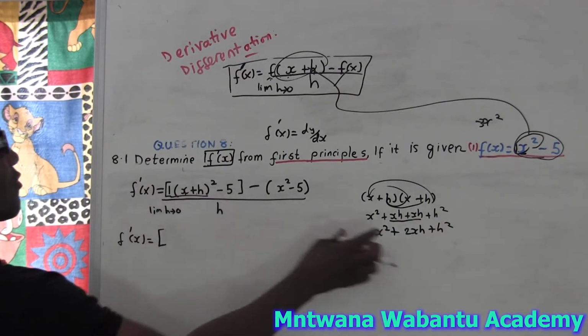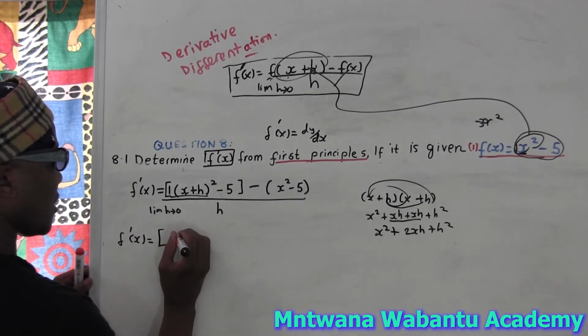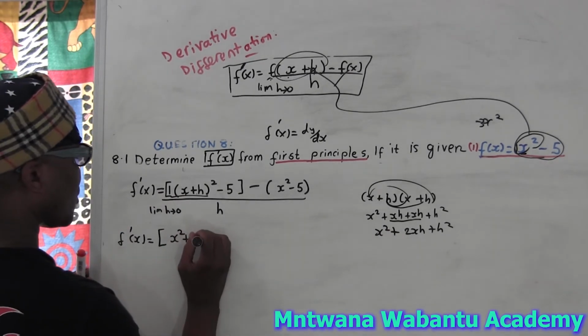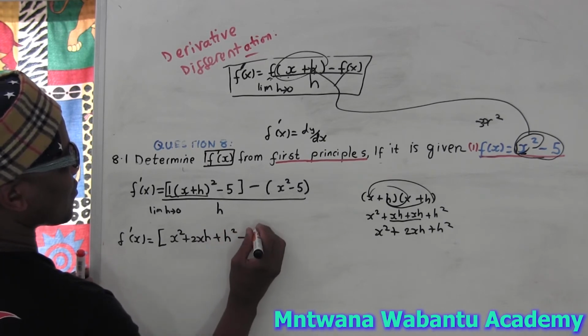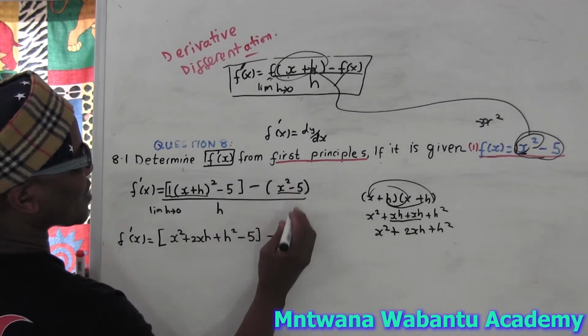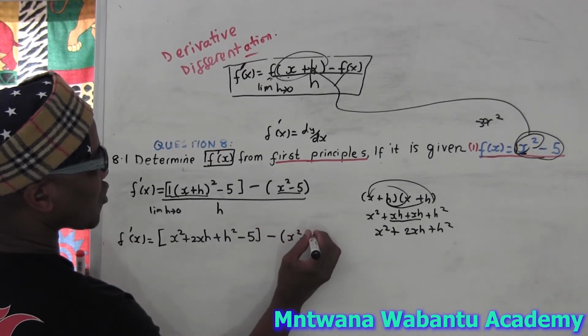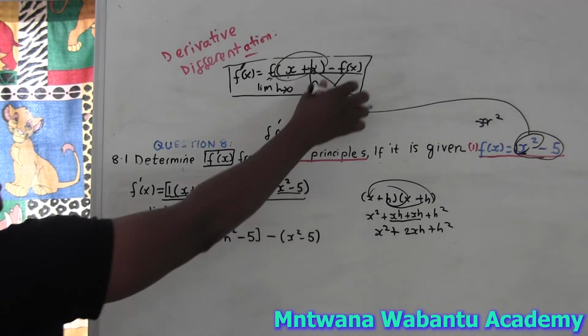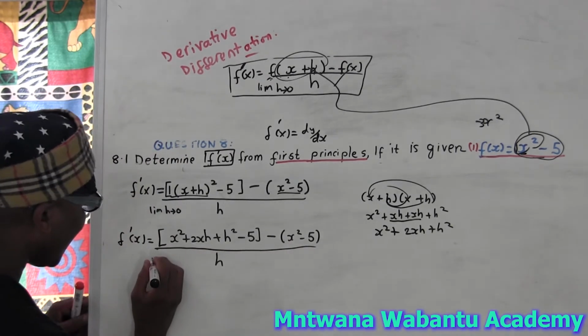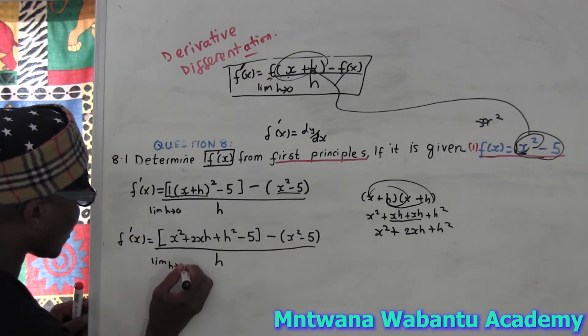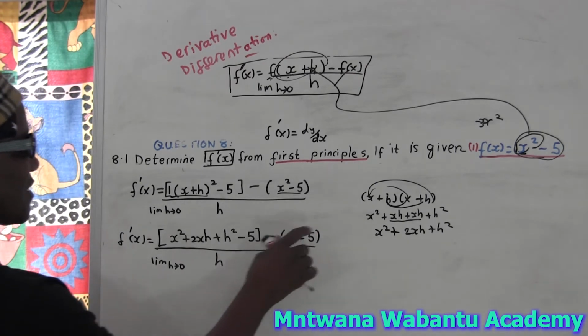So I'm not going to write this, I'll write that. X squared plus 2xh plus h squared minus 5. And the minus, this is x squared minus 5, which was f of x. And then over h, but limit h equal to 0. So now I'm going to open this.